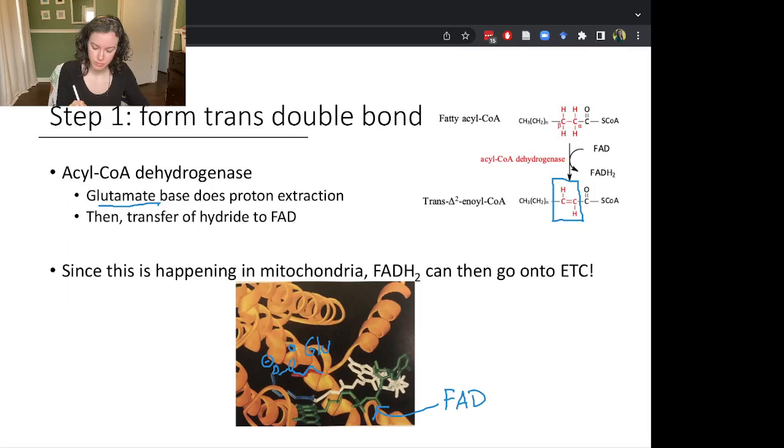So all in all, removing 2 protons and 2 electrons across the bond, oxidizing to this trans double bond. In the process, we've made FADH2, and this is happening in the mitochondria now. So the FADH2 can go head on to the electron transport chain, move its electrons through, and move some protons across the membrane, helping to create ATP.